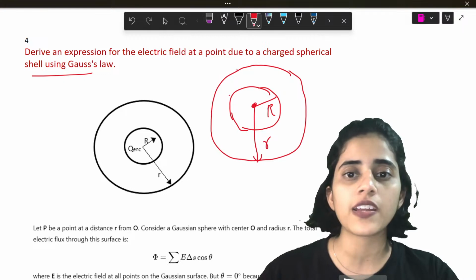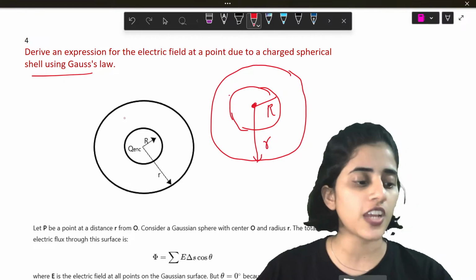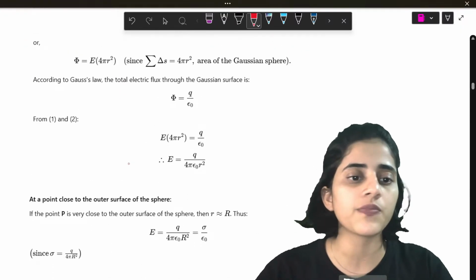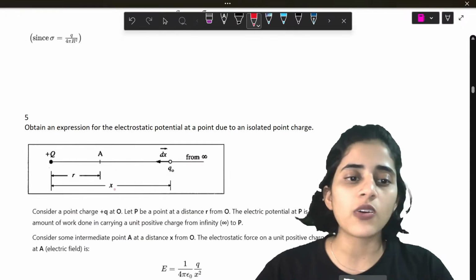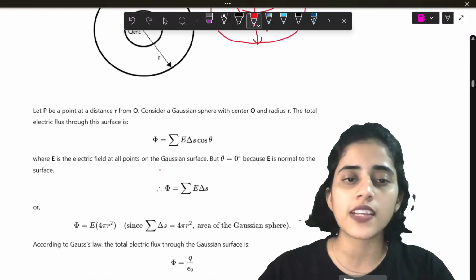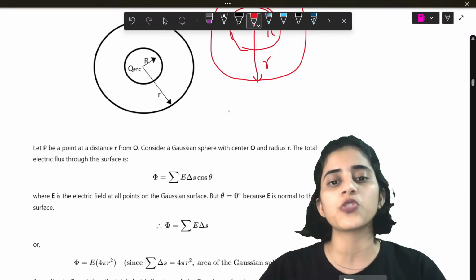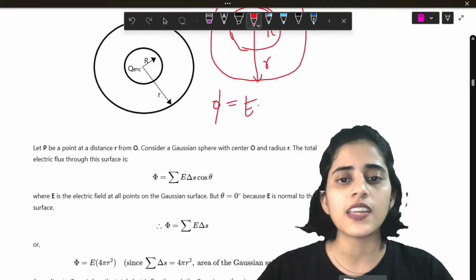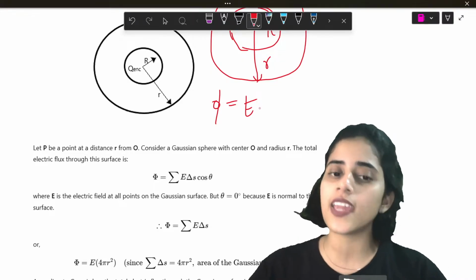Now what do I have to find out? Electric field at a point due to a charged shell using Gauss law. So there are two cases here. It could be on the outer surface. It could be inside as well. So first thing what we're going to do is, we're going to take flux, which is E dot A, which is EA cos theta.